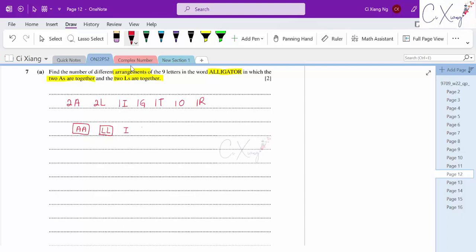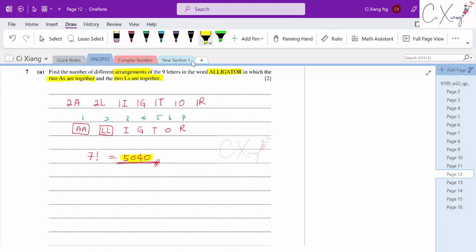Then I have I, G, T, O, R. If you count how many letters we have here: 1, 2, 3, 4, 5, 6, 7. So we are going to arrange 7 letters. Therefore, the number of permutations will be 7 factorial, which equals 5040.